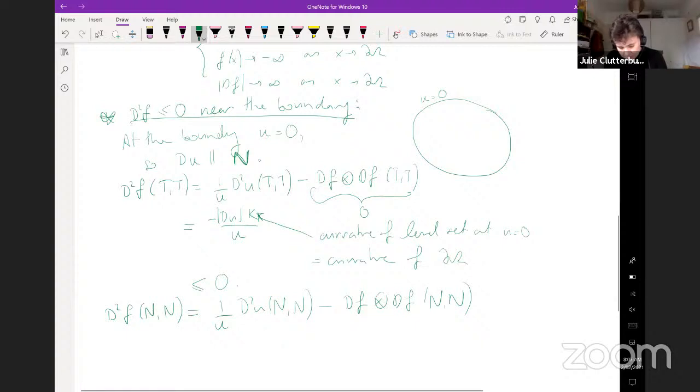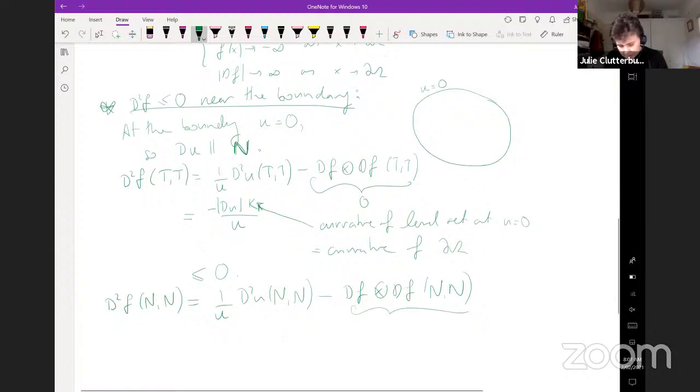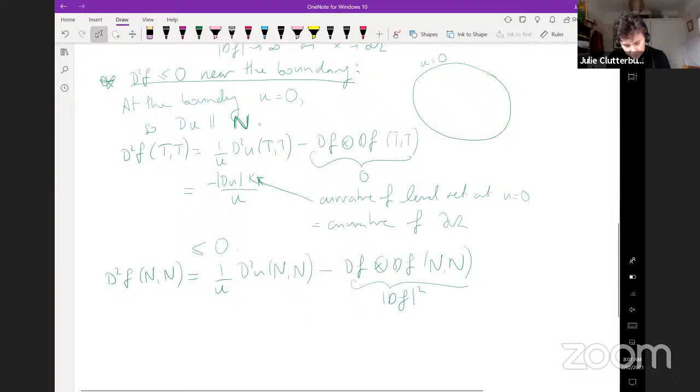So this one is just the length of the derivative of f. This one here, now we can use our equation for u and write this one, the normal part of the Hessian, as the Laplacian minus the tangential part.